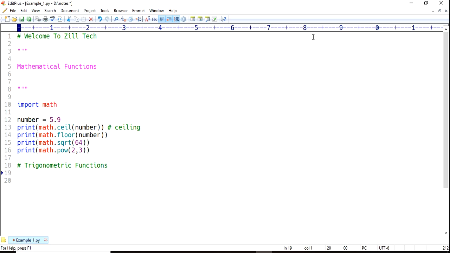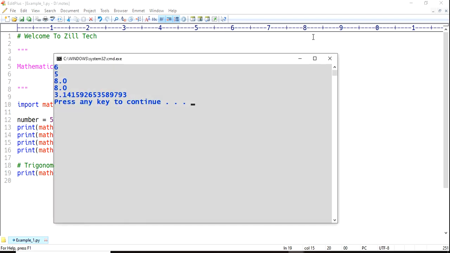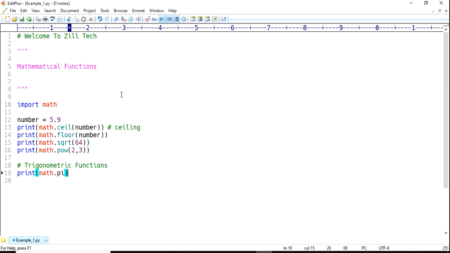First I want to use the pi value. We usually write 3.14. So I want to print the actual value of pi: math.pi. I'm saving this and running. See, 3.141 is the pi value.